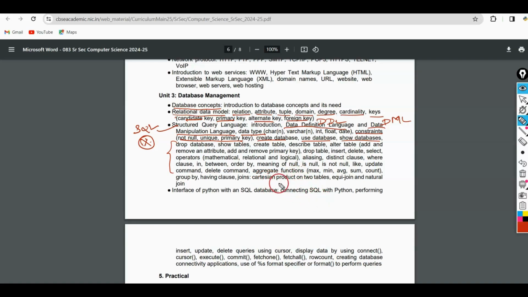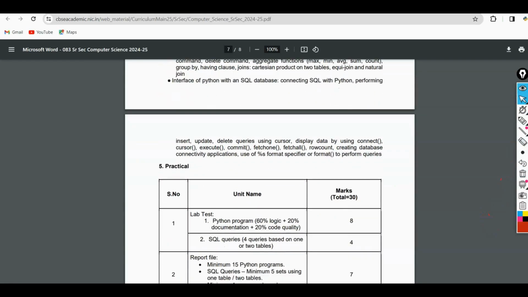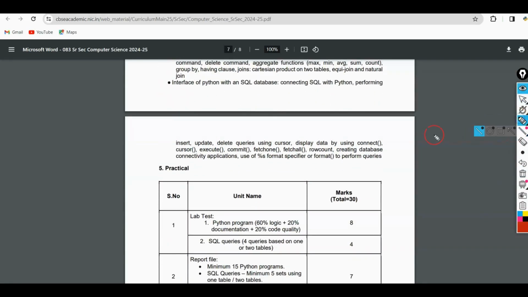After that we are going to read about joins, having clause, Cartesian products, then equijoin and natural joins. The next is finally interfacing Python with SQL database. We are going to connect Python with MySQL and learn how to connect Python with the SQL database.